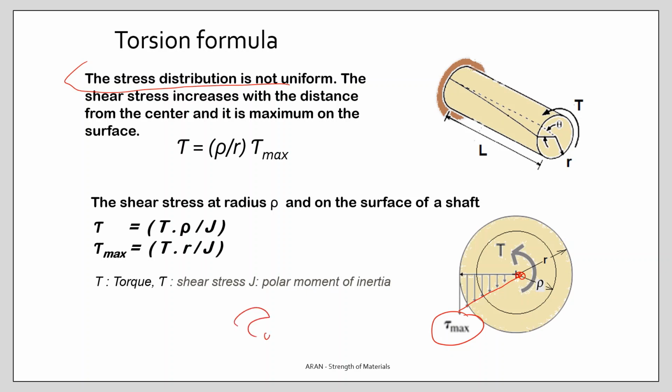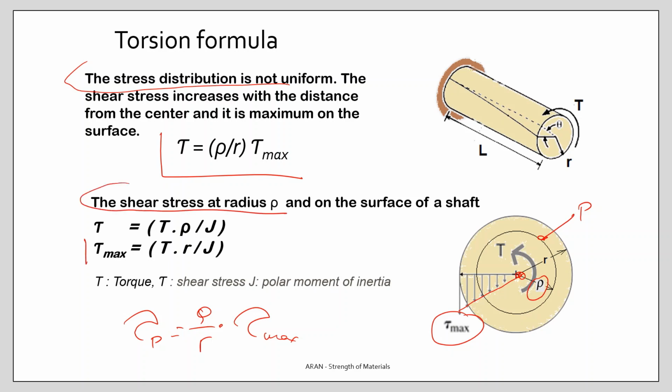If we know our maximum shear stress on the surface and we'd like to calculate the shear stress for a given point P, which has a distance rho, we can use the formula and find the shear stress in P.